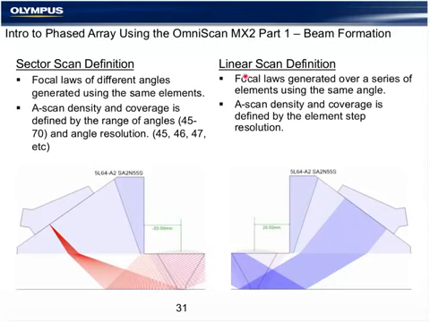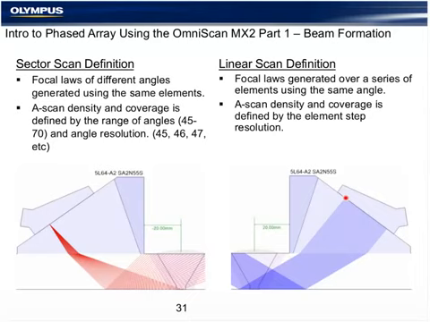The linear scan is going to take the same angle. In this case, I think it's about a 50-degree angle, and it's going to step that 50-degree angle through the entire probe: element 1 through 16 for focal law 1, element 49 through 64 for the last focal law.